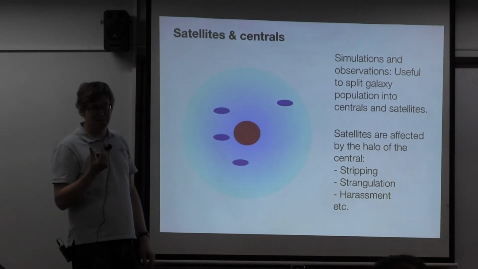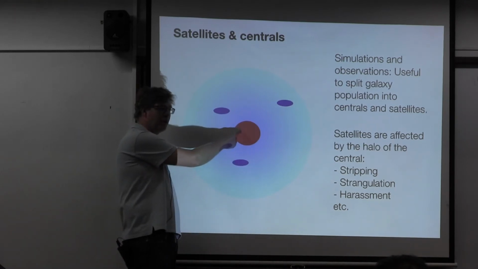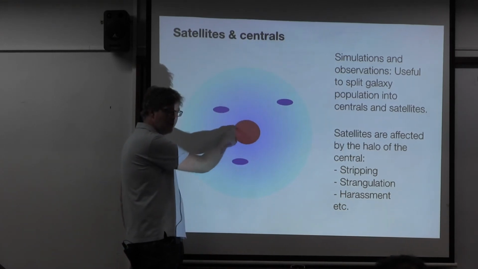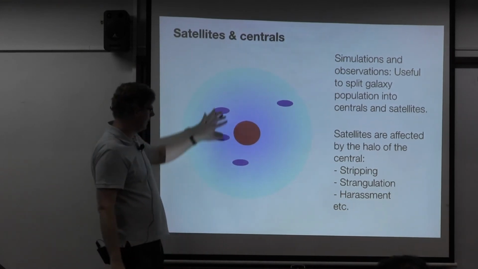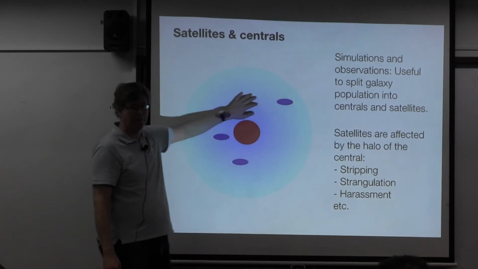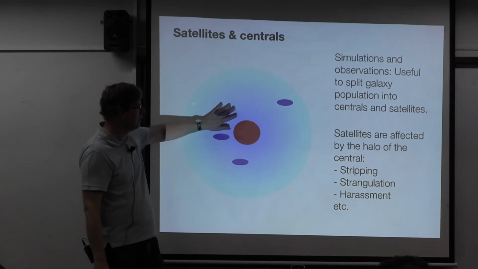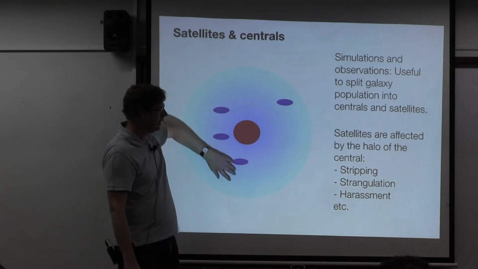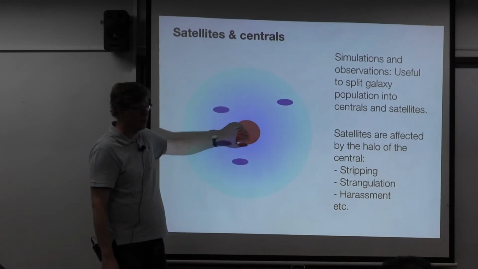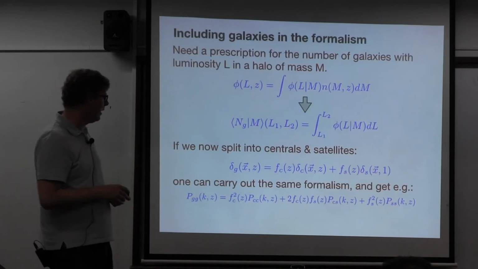Well, usually there is a bigger halo, and the galaxy that belongs to the bigger halo will typically stay in the center of the halo, and that becomes a central galaxy. And then there's a bunch of satellites that orbit around inside the dark matter halo. And that separation is very useful because these galaxies orbit around here and they are affected by different physical processes than the central ones. And so we do that, we then combine that into this halo model.